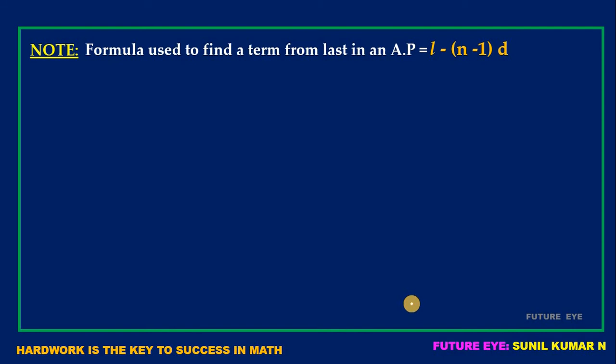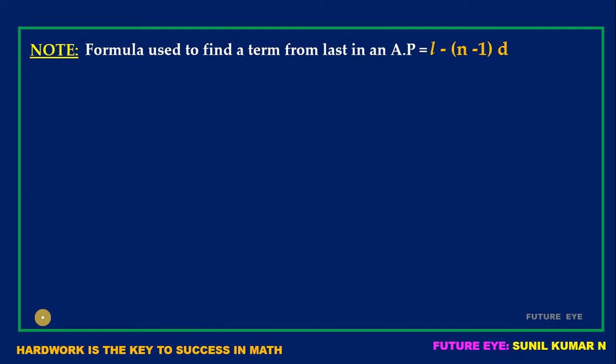So very important. The formula used to find a term from last in an AP is l minus n minus 1 into d. So this formula helps you when you are going to find a term in an AP from last. We have some other methods also to find a term from last in the given AP.